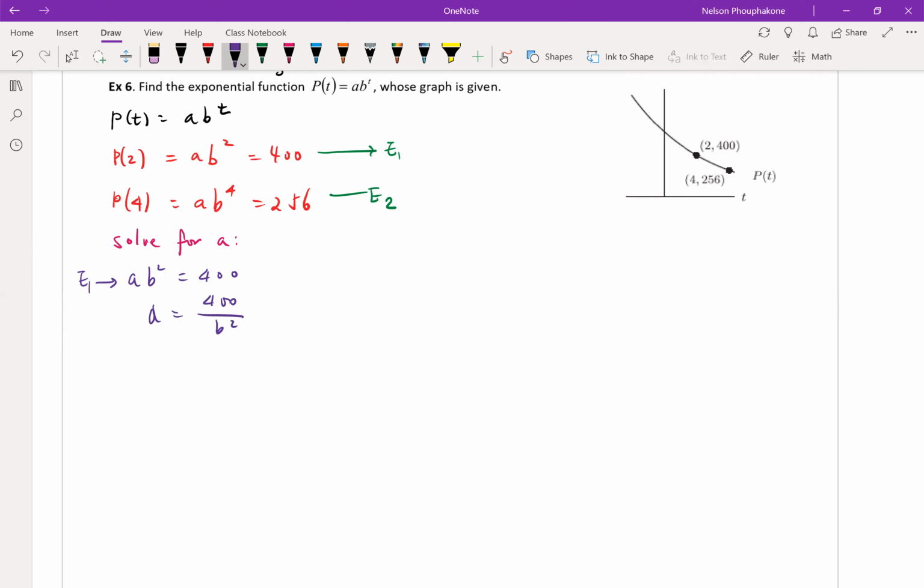Okay, then now the next step is we would like to again solve for b then, right? Okay, so how do we solve for b? Then we could substitute a equal to 400 over b squared in E2.